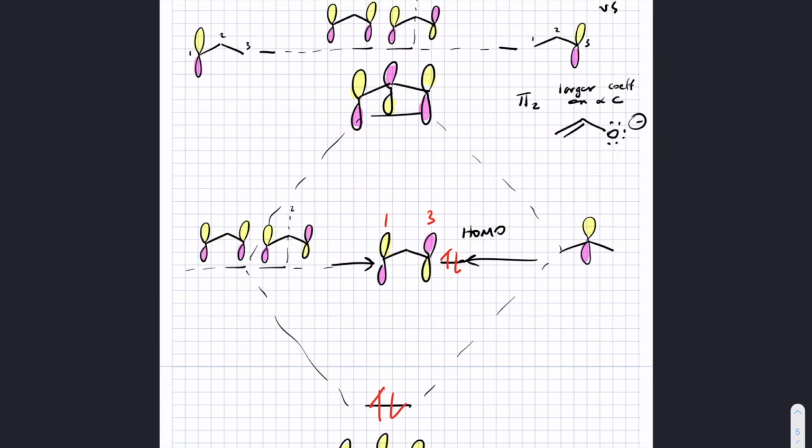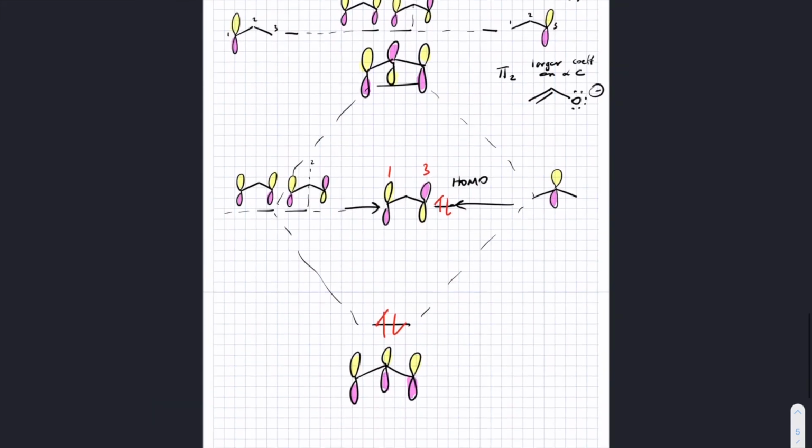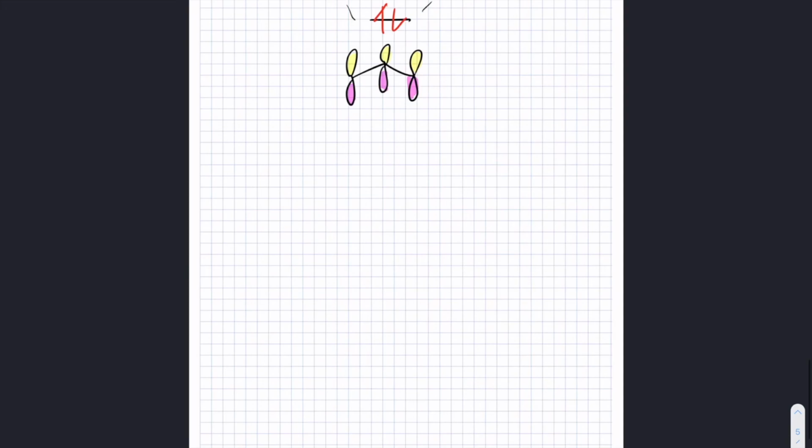But it's actually really easy when you think about benzene being the combination of two allyl groups. As an example, here's the lowest energy orbital from one allyl group. Here's the lowest energy orbital from another allyl group.